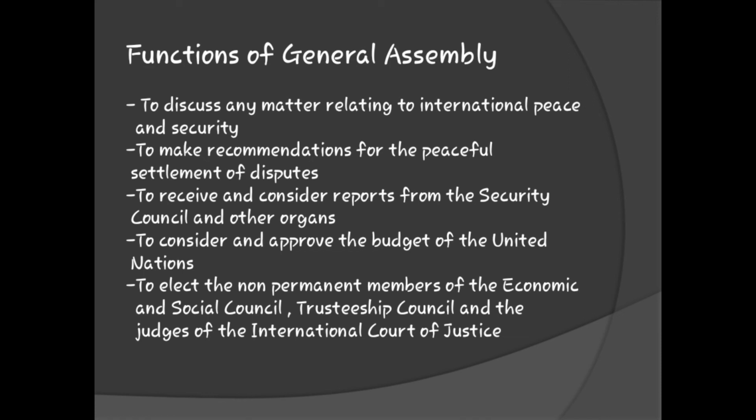It makes recommendations for the peaceful settlement of disputes, and it elects non-permanent members of the Economic and Social Council, Trusteeship Council, and the judges of the International Court of Justice. It appoints the UN Secretary General also on the recommendation of the Security Council.